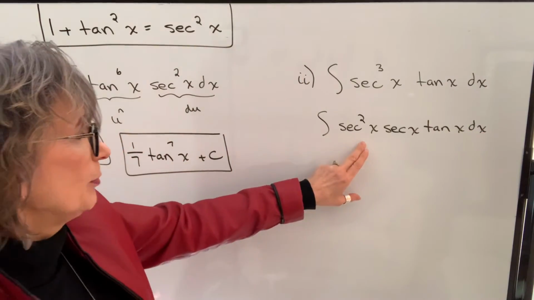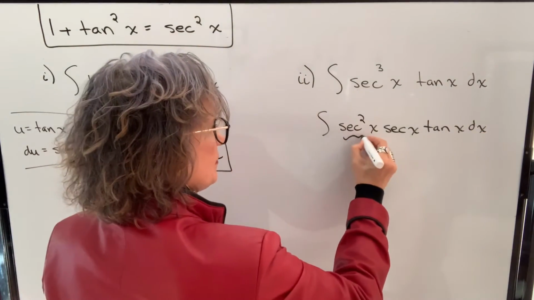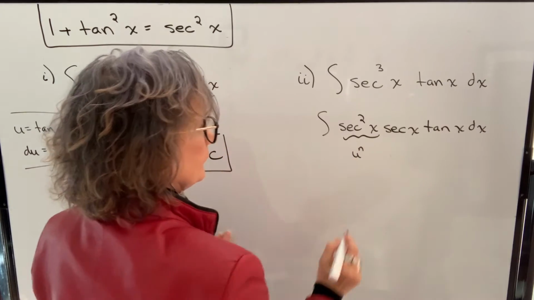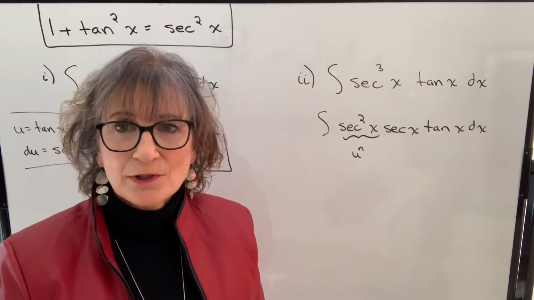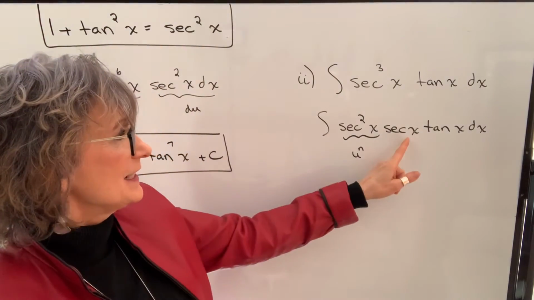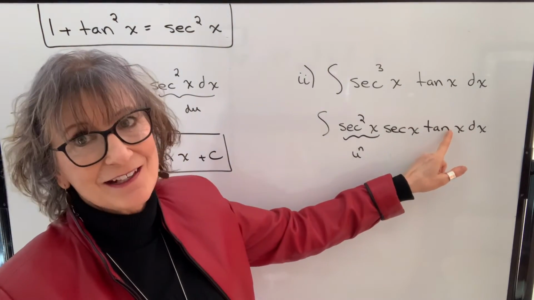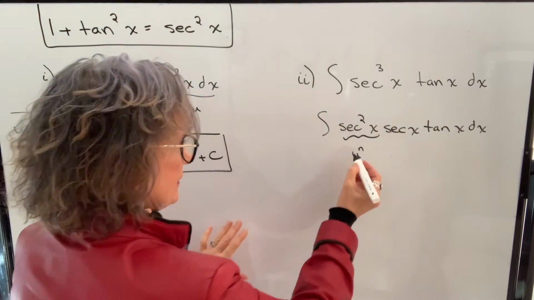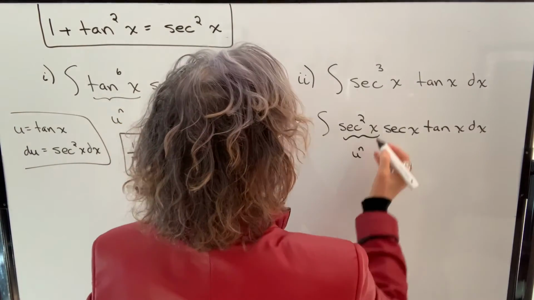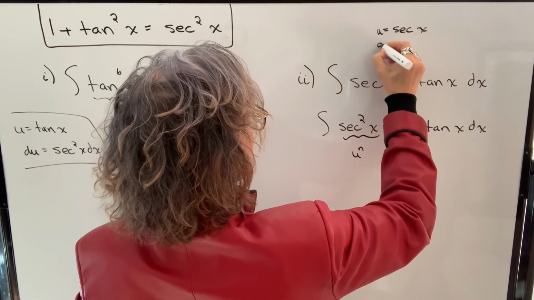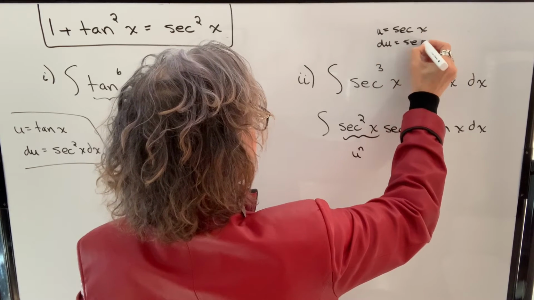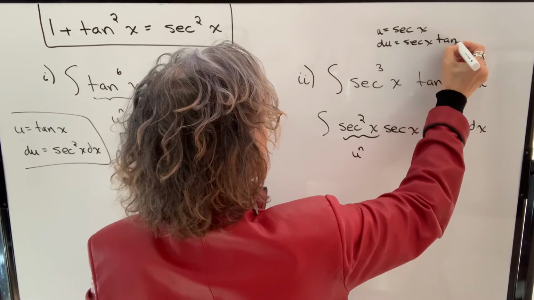Now in this example, if I think of this as being my u to the n, my u is secant of x, and the derivative of the secant function is secant x tan x. So I can still use the same pattern, but this time my u is secant of x. So the du factor is secant x tan x dx.